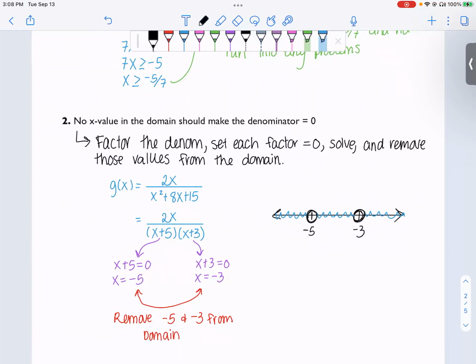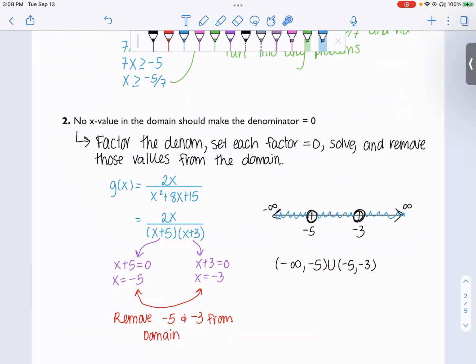In interval notation, negative infinity is down here, positive infinity up here. This right here would be the interval negative infinity to negative 5. We take negative 5 out. Then we go from negative 5 to negative 3. That's this portion right in here.